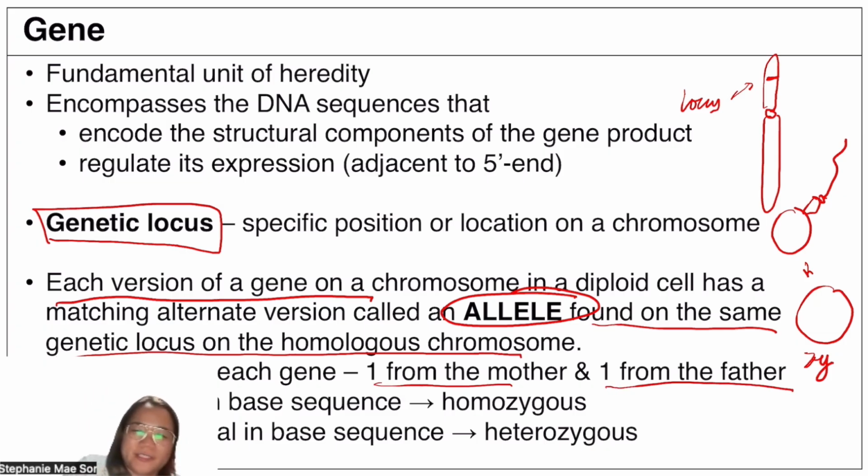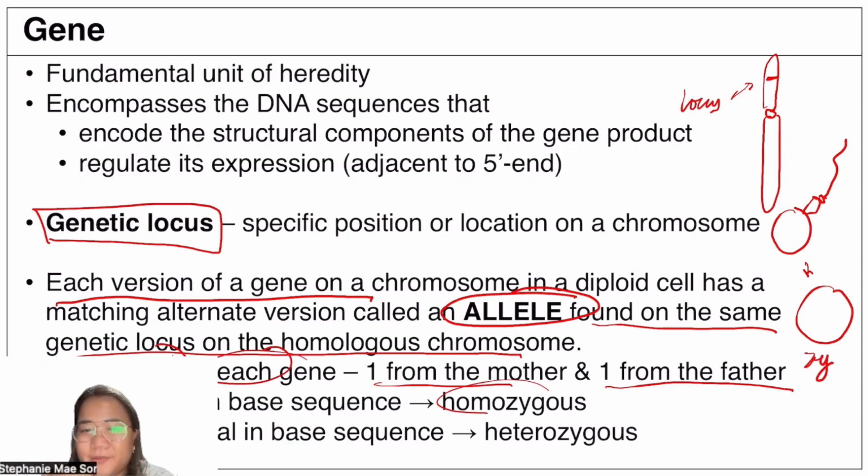So, meron kang gene from your father, gene from your mother, yung gene sa chromosome 6 ni mother is homologous to the gene sa chromosome 6 ni father. Okay, so ganun yun. Meron silang counterpart. Meron sa mother, meron sa father. So for each gene, you have two alleles. One is from the mother and one is from the father.